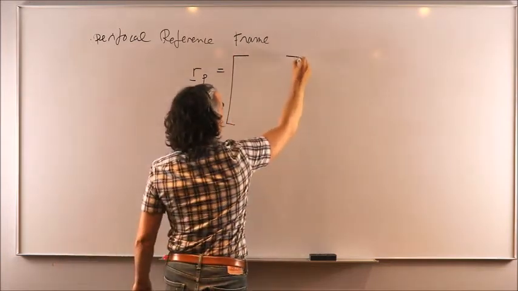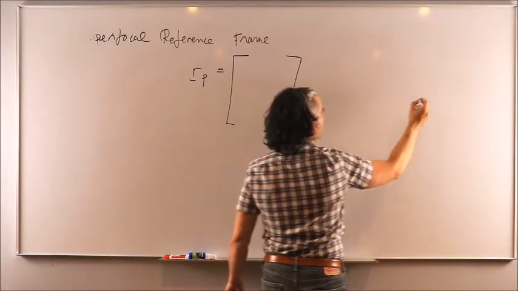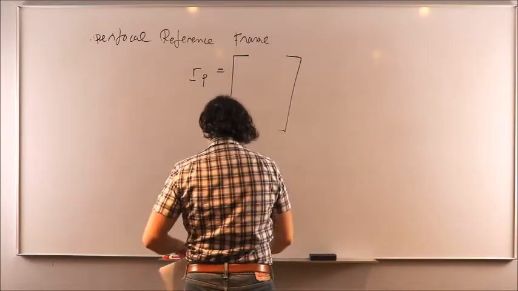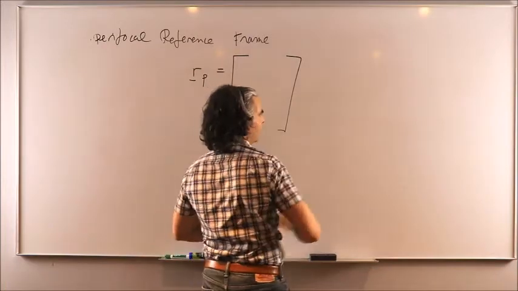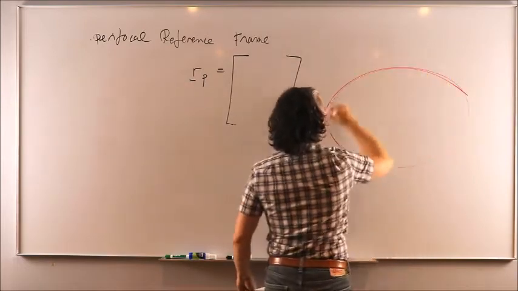How? Well, by using the fact that the perifocal reference frame has 2 of its 3 unit vectors inside the orbital plane. Correct? Go back to your orbit.